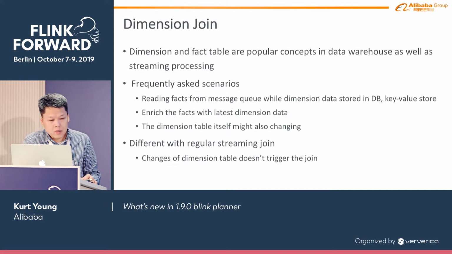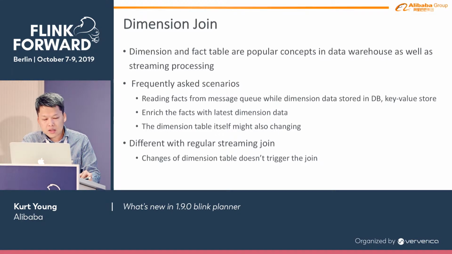Yeah, let's talk about dimension join. Dimension join is yet another very popular requirement. We receive such requirements frequently. It's also a very popular concept in data warehousing and in the streaming area.